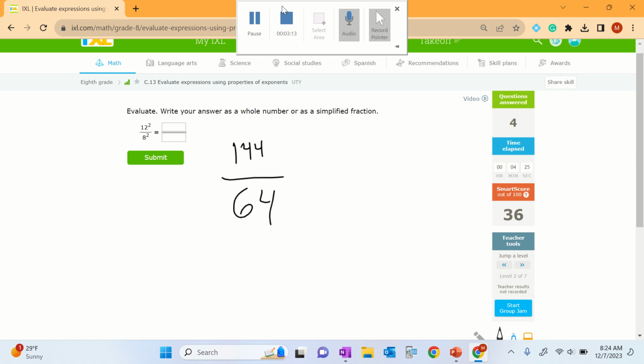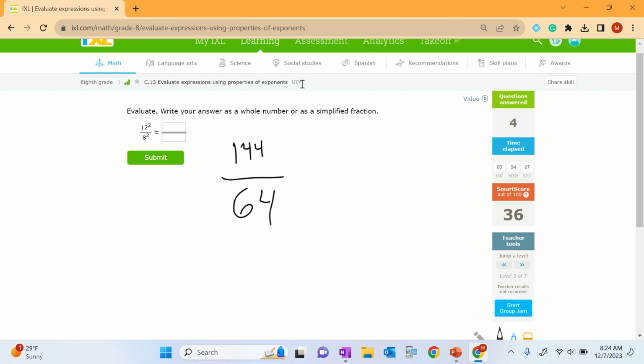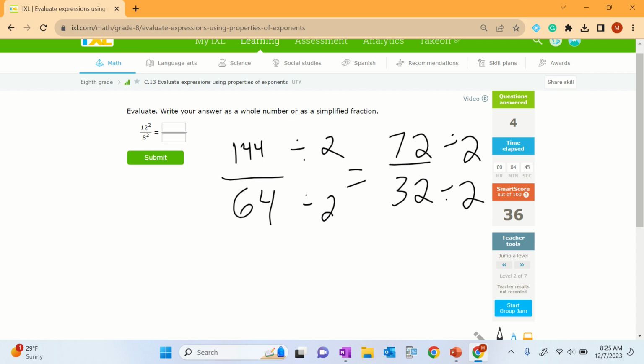We can divide both these by, let's see. Well, for sure I can divide by 2. So let's do that. When I do that, I end up with 72 divided by 32. I'm going to divide by 2 again. 72 divided by 2, we get 36. 32 divided by 2, we get 16.